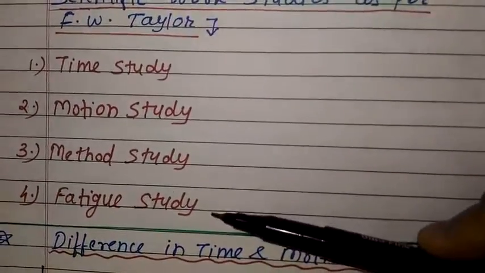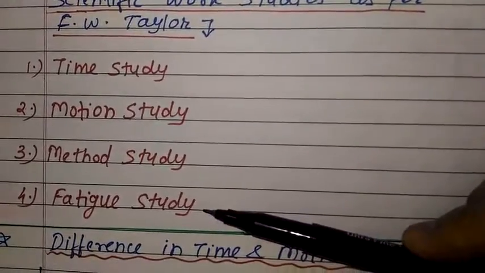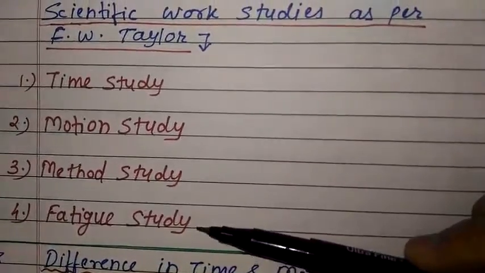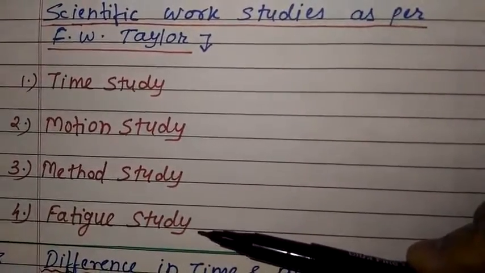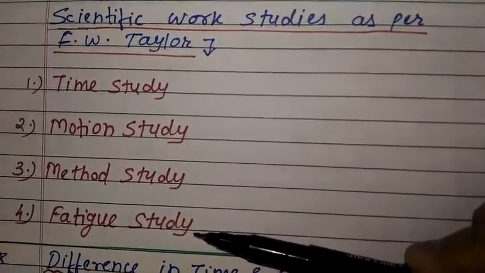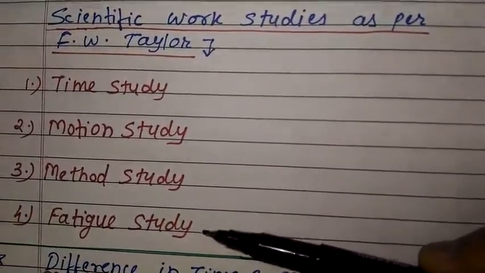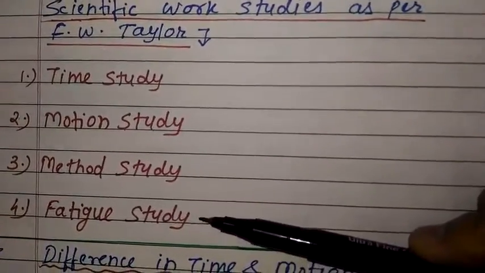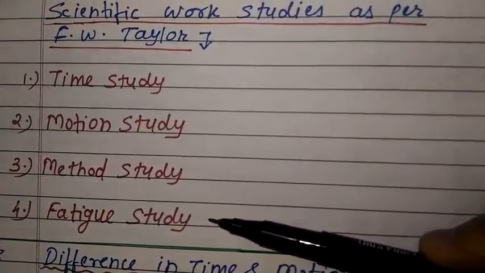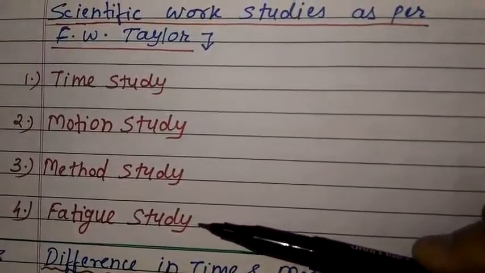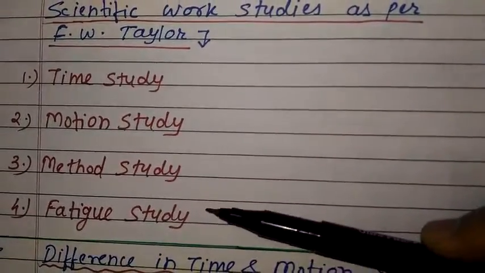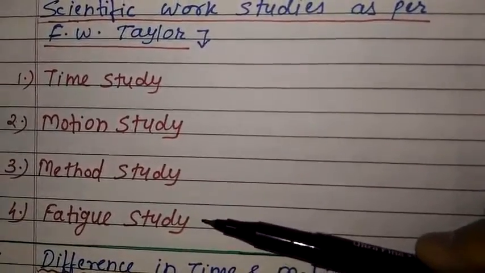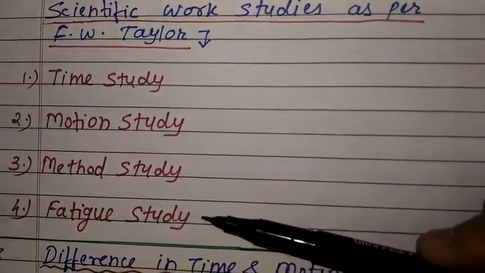Then next is fatigue study. Fatigue study is the study about the tiredness of the worker. It is observed after how much time a worker can get tired, after how much time he needs an interval or break during the work, and how many intervals he needs so that he can regain his energy and come back to work with the same enthusiasm or energy.